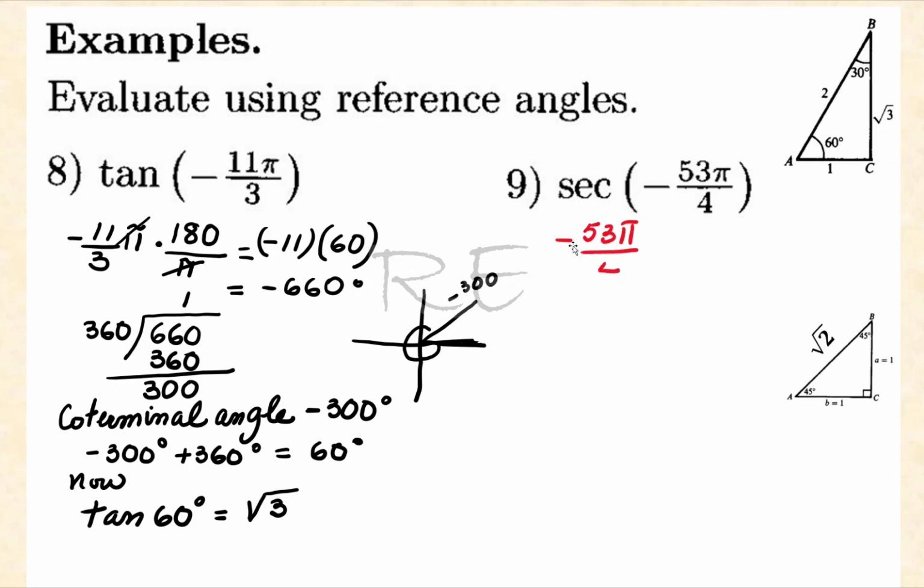For 9, we're going to convert negative 53 pi over 4 into degrees. Pi will cancel, and 180 divided by 4 is 45, so it's negative 53 times 45 degrees.